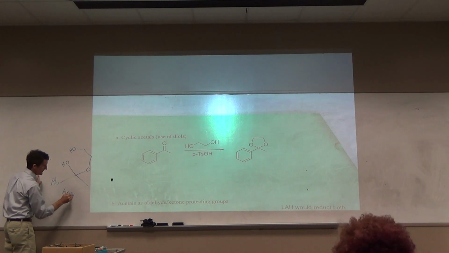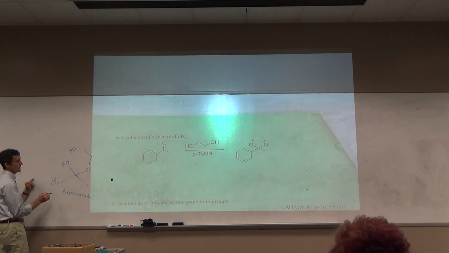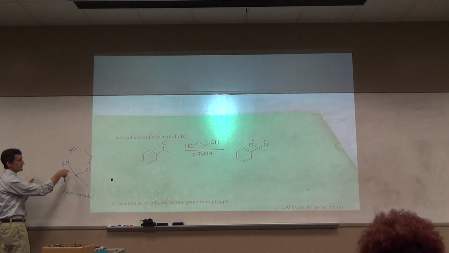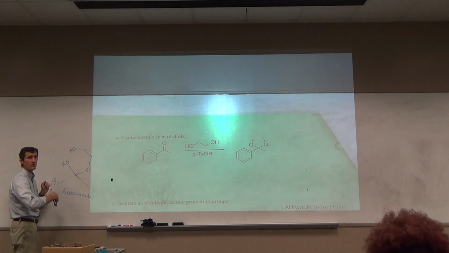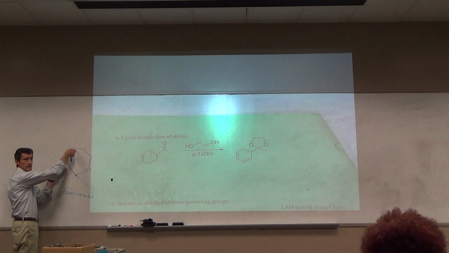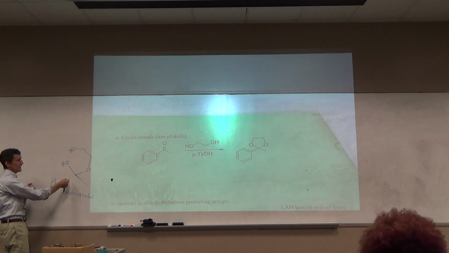That's your hemiacetal. Then you're going to continue on the mechanism, and when you're ready to bring in your second equivalent of alcohol, well, it's already right here. All right? And so this oxygen ends up being bonded here.